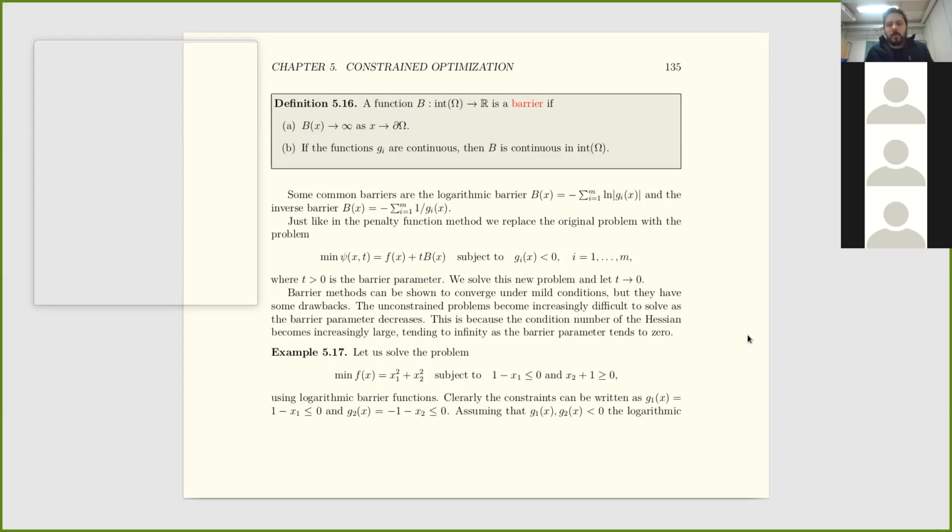These are just straight lines: a vertical line at x1 equal to 1, and a horizontal line at x2 equal to -1, and the upper left quadrant, basically, is delineated by these functions.